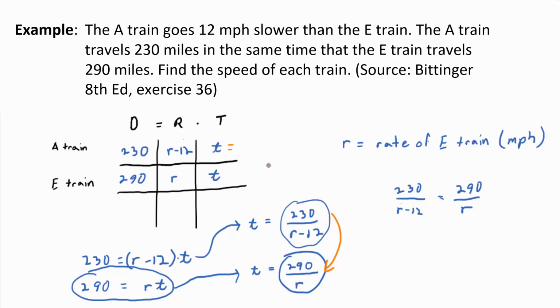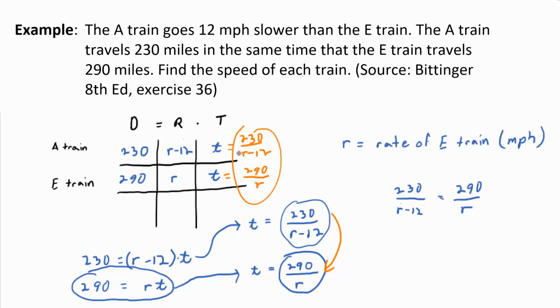So I could have got the elements of this equation from the chart and just said distance divided by rate: in the first row, that's 230 divided by r minus 12. In the second row, that's 290 divided by r. Sometimes I put it in the chart, and then I just set the two that are equal to t equal to each other. Either way, it doesn't matter. If you come up with that equation either way, it's going to work.